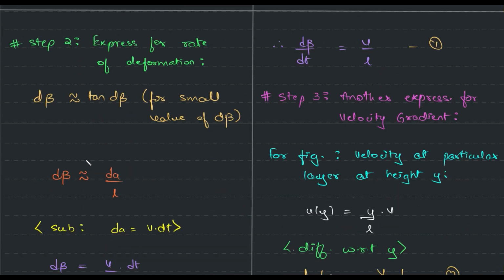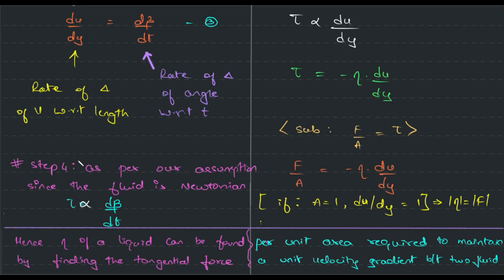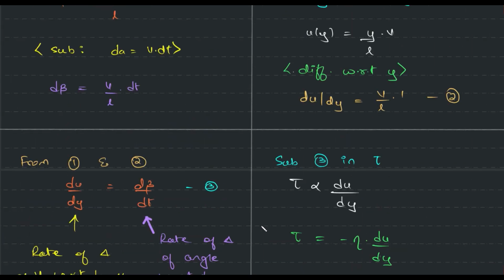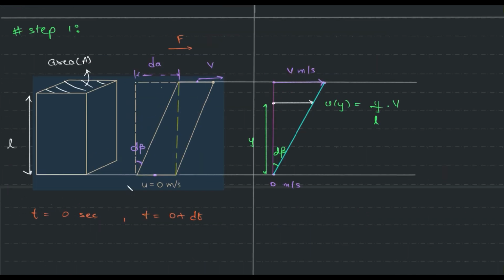Then you will apply a force such that the velocity gradient, I hope you understand velocity gradient, turns out to be 1, so 1 per second. For a 1 meter length, if this is at 0, this should be moving at 1 meter per second.